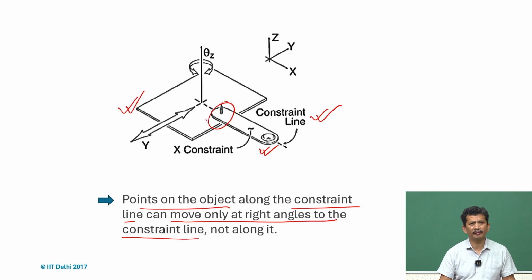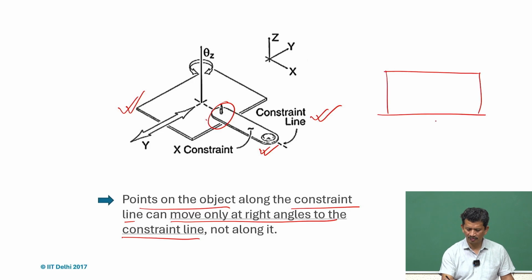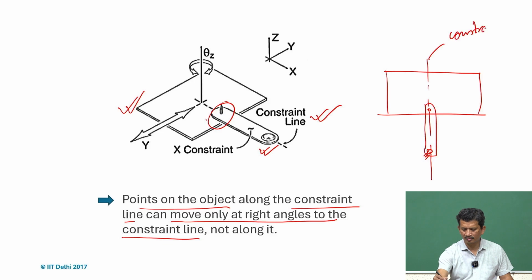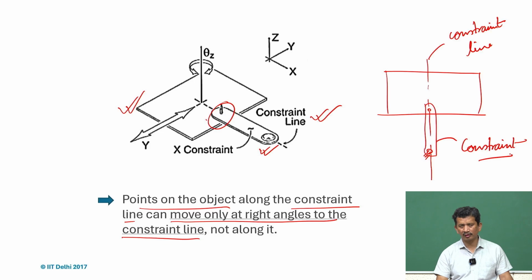So, whenever we have a constraint, maybe we can draw another one. Suppose we tag it here and then another pin. So, this is the constraint line, and this is the constraint or the device we can call it.